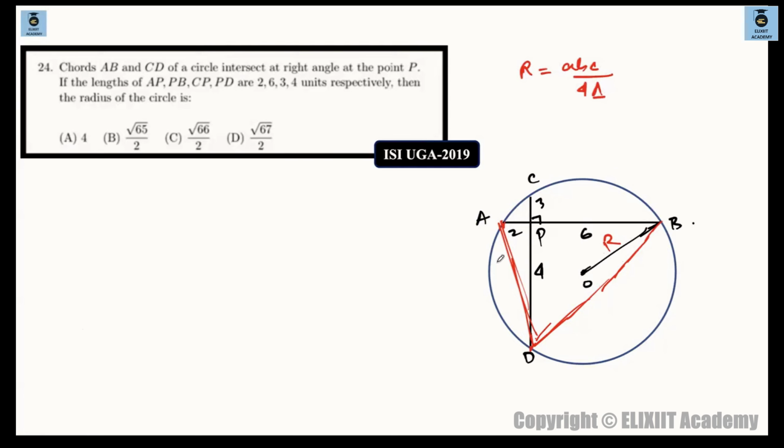Now look, all these are right angles, so you can find out this length.